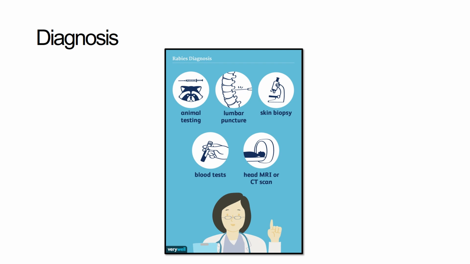But again, in our part of the world, or in developing countries, by the time it gets to diagnosis, the patient has usually expired because they do not come in at the point where the patient has been bitten by the dog or any rabid animal. So as soon as the rabid animal or the dog bites, the protocol should be that the person should report to the nearest hospital in order to check for his immunization and vaccinations.